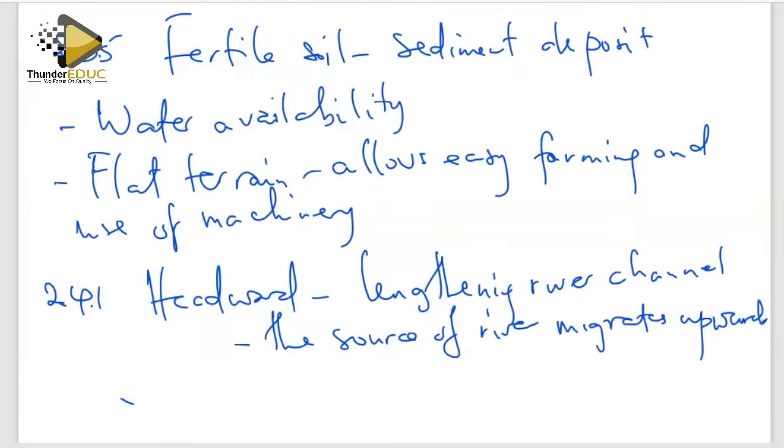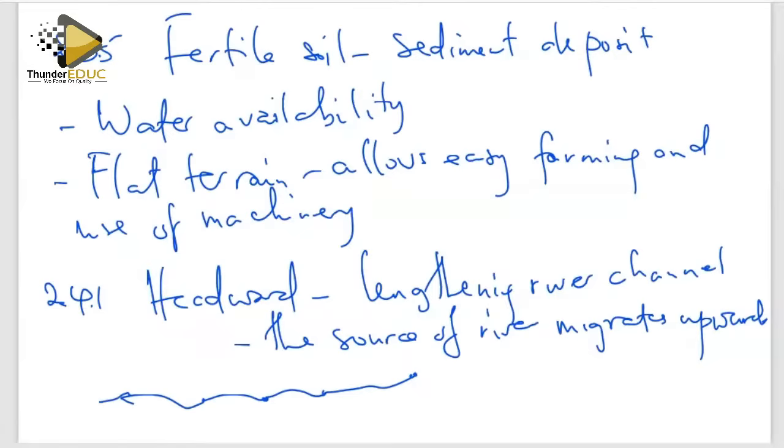So if a stream is like this, the source is here. If it's migrating upwards, maybe the next season the source is now here, maybe the next season the source is there. So we are seeing that the total length of the river is accumulating.